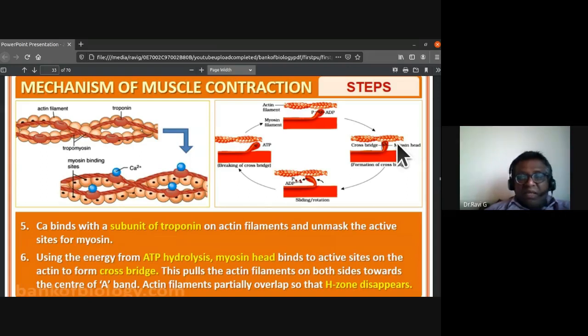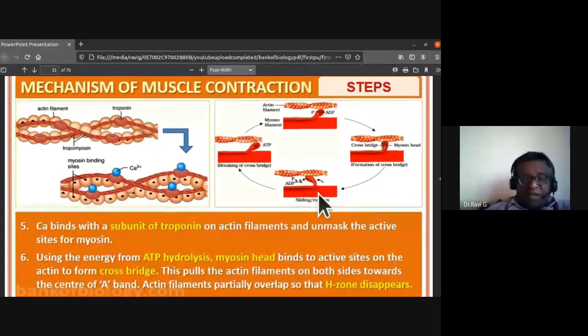This pulls the actin filaments on both sides towards the center of the A band. The actin filaments partially overlap so that the H zone disappears.